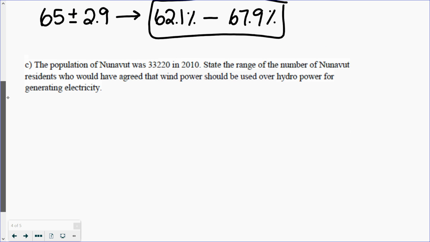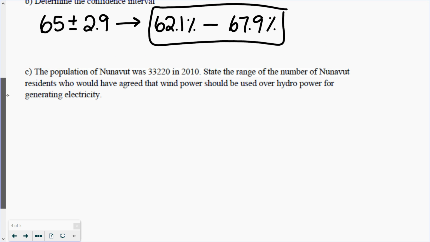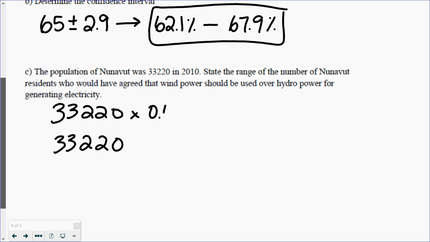We want to use our confidence interval to figure out how many people that actually represents. So our population, 33,220, and we're going to multiply it by both of those percentages as a proportion. So multiply by 0.621 and multiply by 0.679.